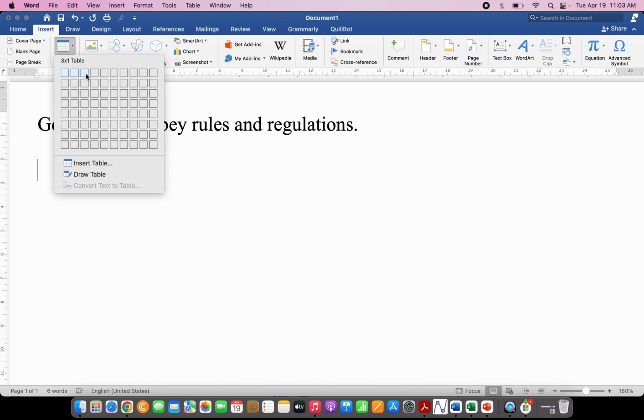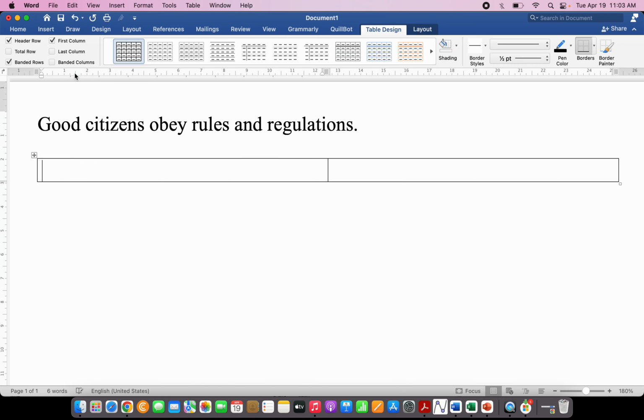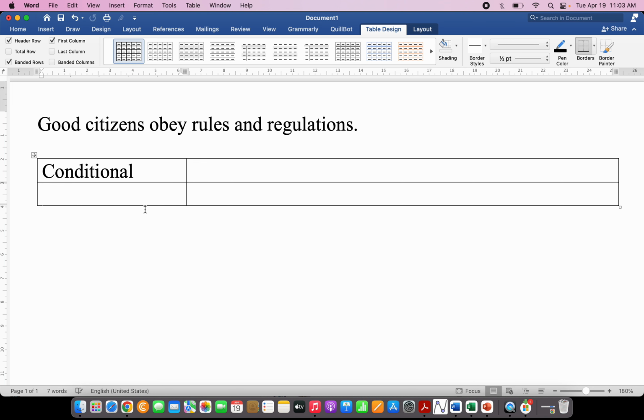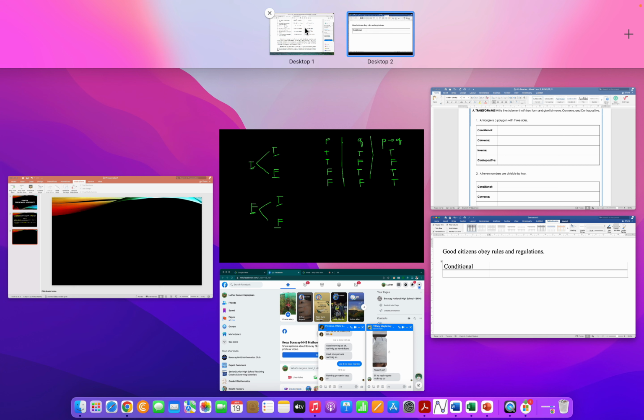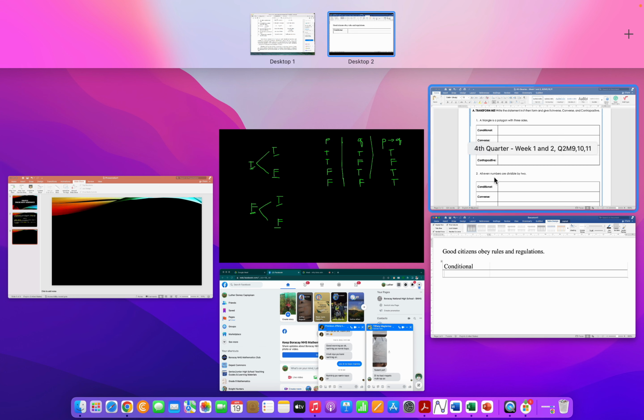Sige, gawa ko ng table. So, meron tayo ditong conditional statement. Take note, class, na yung if-then statement is simply the conditional statement. Ano nga yung sunod? The converse, inverse, and then the contrapositive.